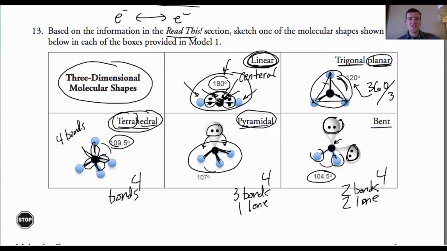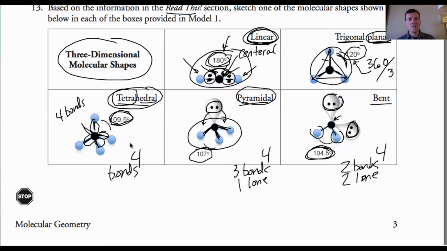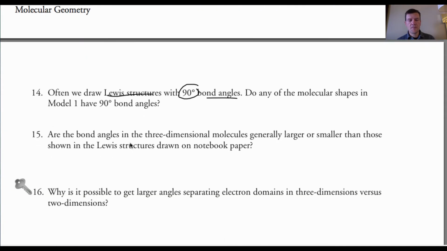They're going to spread around that central atom, forming angles like 180, 120, 104.5, 107, 109.5. Okay, so it's not as clear cut as just 90-degree angles. But there are some three-dimensional shapes that are going to produce 90-degree angles. We just haven't mentioned them here.